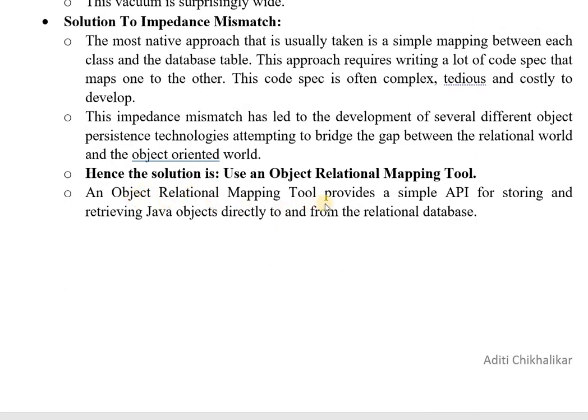Object relational mapping tool will provide a simple API for storing and retrieving Java objects directly to and from the relational database. ये object relational mapping tool आपको एक API देगा जो आपको help करेगा object store करने में and retrieve करने में from the database.